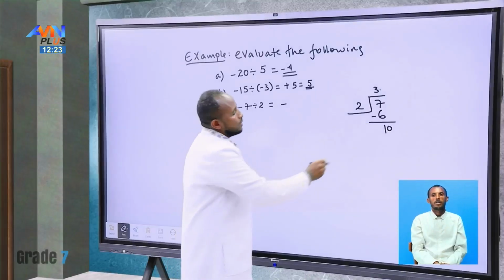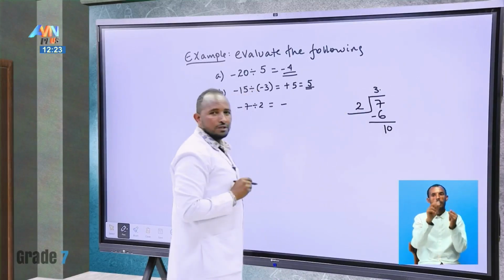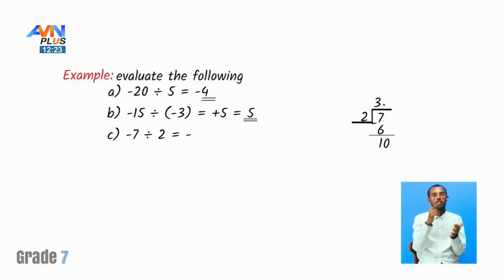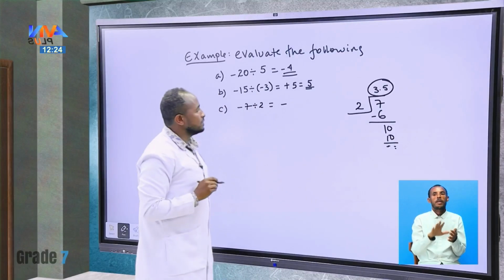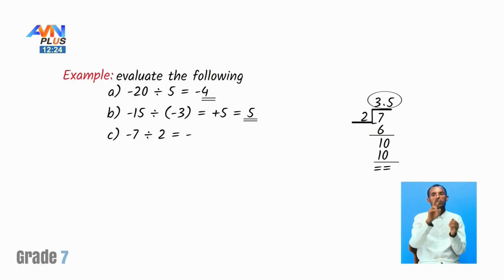So 10 divided by 2 is 5. Therefore 5 times 2 is 10. The answer will be 3.5. So negative 7 divided by 2 gives us negative 3.5.